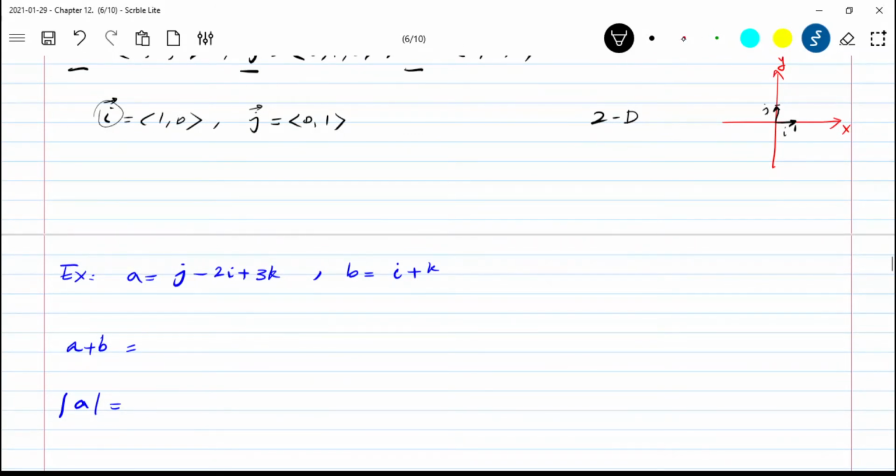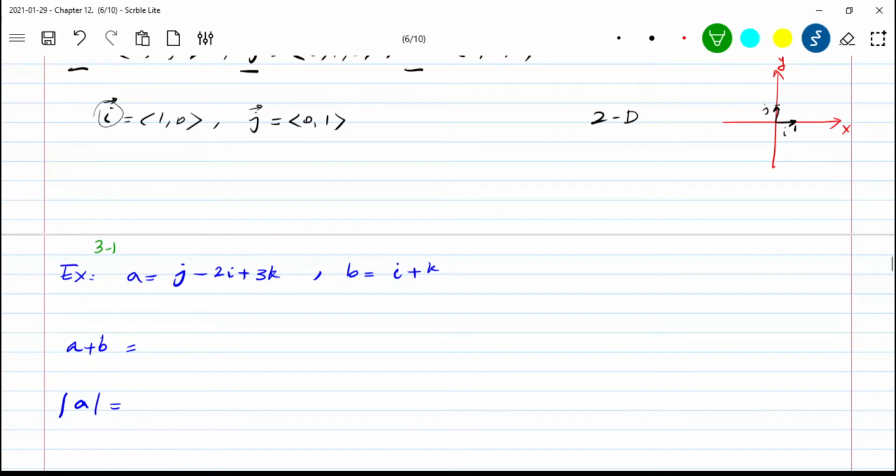Okay, so let's say you have two vectors A and B. First, figure out what A and B look like. A is j minus 2i plus 3k. This is in 3 dimensions.